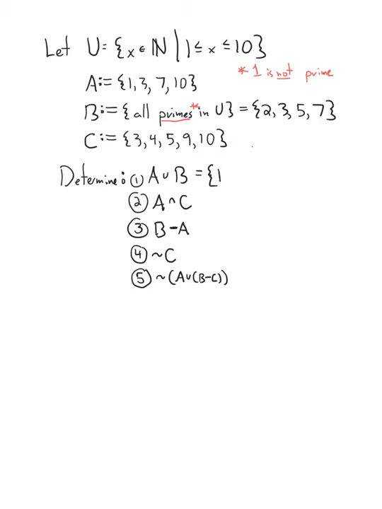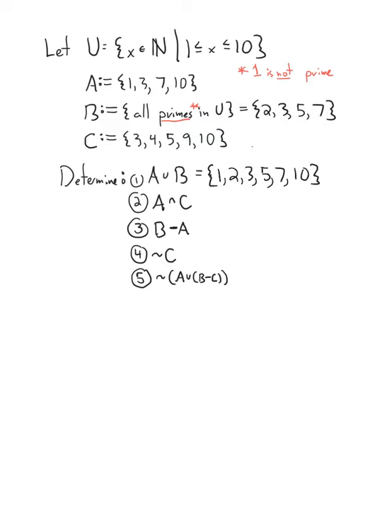I'll just list them in numerical order, but really, you can list them in any order you want. Remember, order isn't important for a set. So we're going to have 1, 2, 3, no 4, but we do have 5. We don't have 6. We have 7. We don't have 8. We don't have 9, but we have 10. So it's everything that's either in A or B.